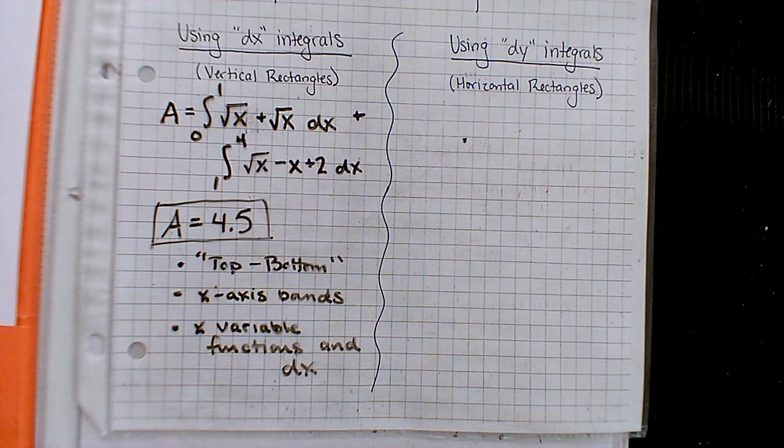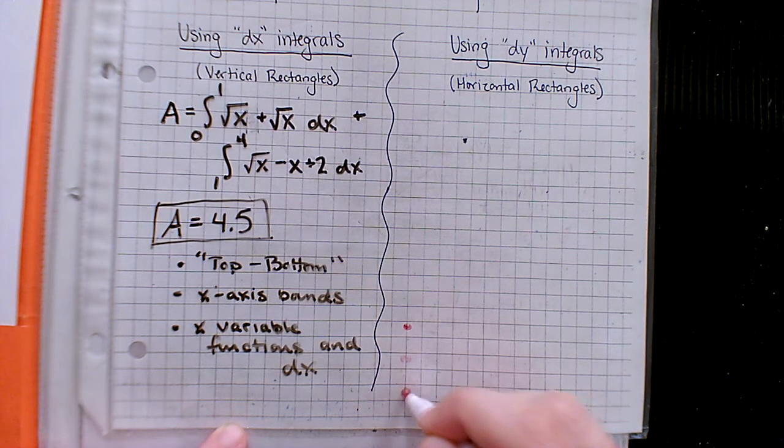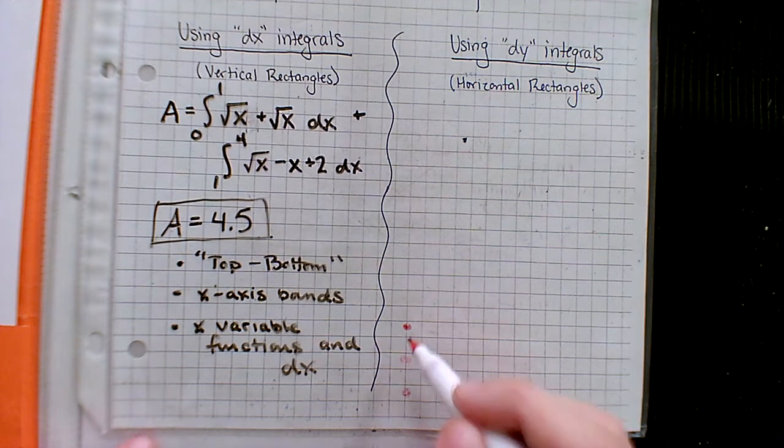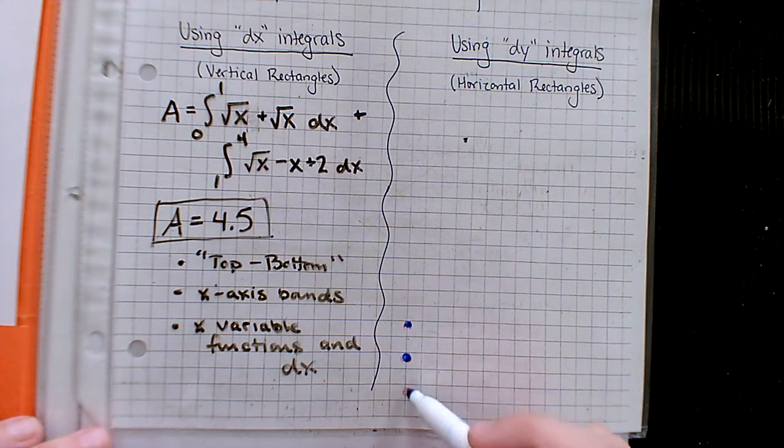Can we think about how these x-axis properties might change if we now want to write an integral to help us measure the area to the y-axis? Can we think about what those three things would change to? Instead of doing top minus bottom, what do you think that might change to?